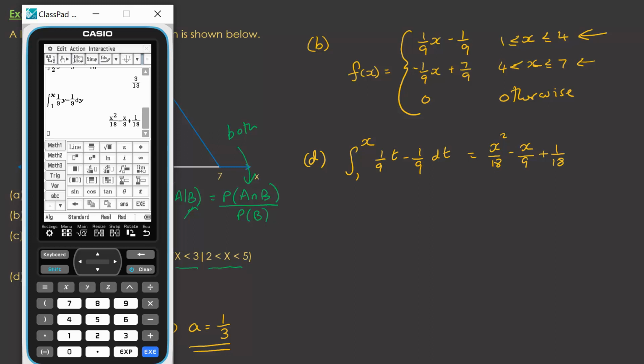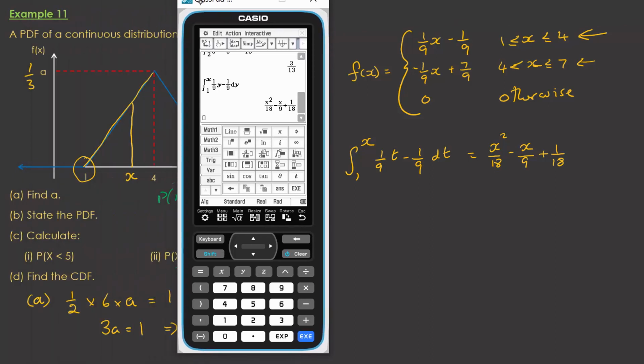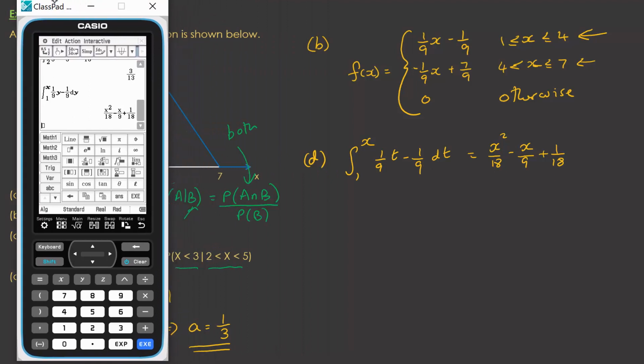It should also be a half at 4 for this symmetric distribution. So let's just check that. So if I just bring that down there and say given x equals 4, it is indeed 1/2. So that works perfectly well as the first part of our CDF.